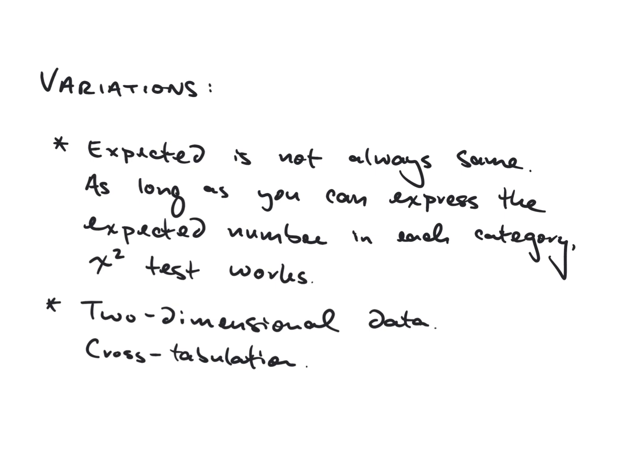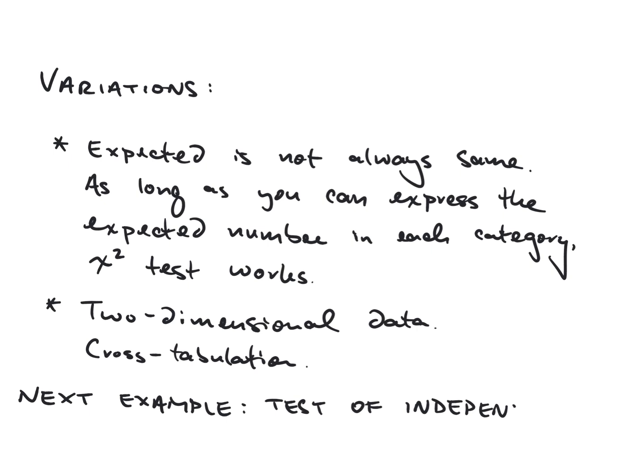I'll show you all an example in a second. In particular, for the next example, we're going to do the chi-squared test of independence.